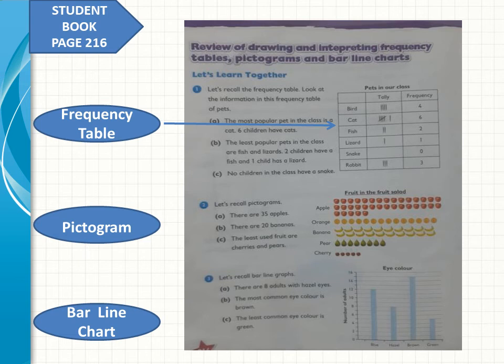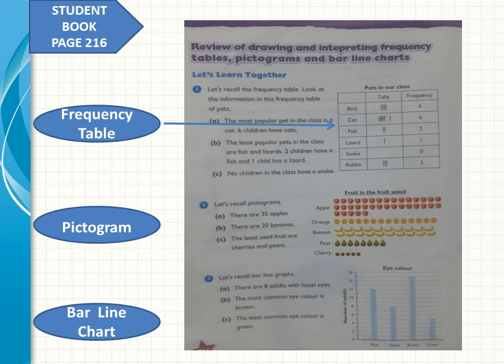How many students like birds? How many students like cats? How many students have fish as their pets? How many have lizard, snake, and rabbits? So on a quick look at the frequency table, you will know that the most popular pet is the cat because 6 has the highest. So the frequency table helps us to have a quick understanding of the information that is being presented to us.